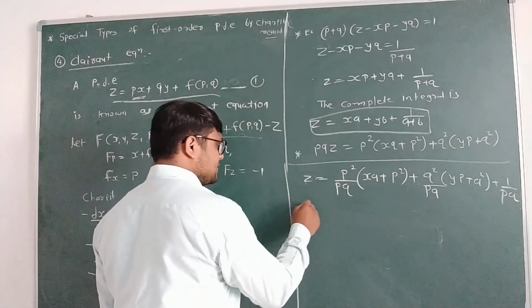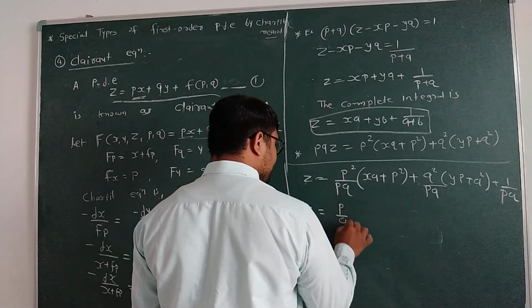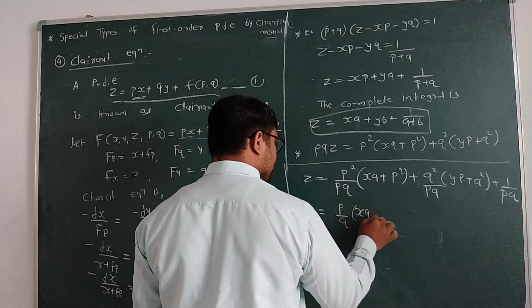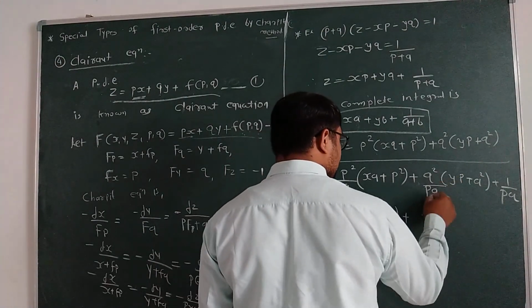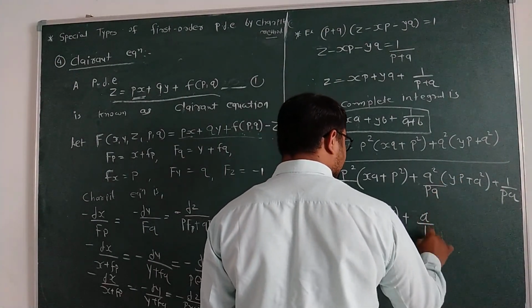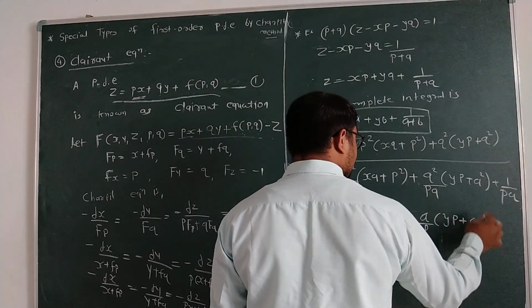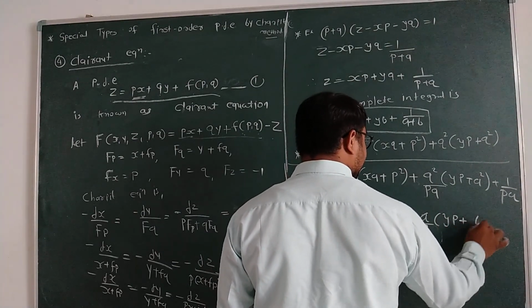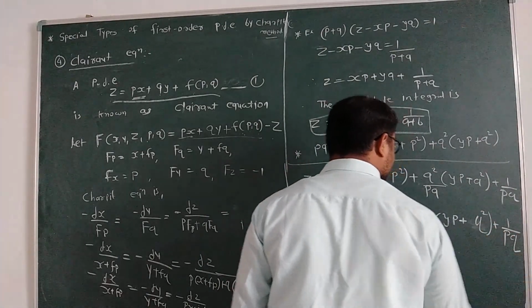So therefore z equal to, this p term is cancelled out, so it's p by q into x cube plus p square, plus this q term is cancelled out, so q by p into y plus q square, plus 1 over pq.